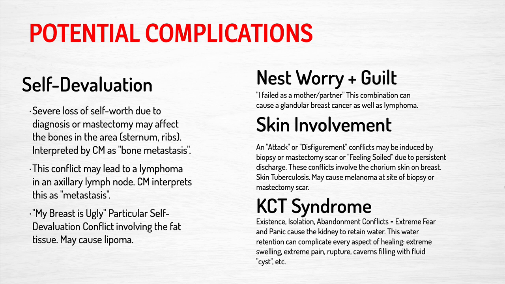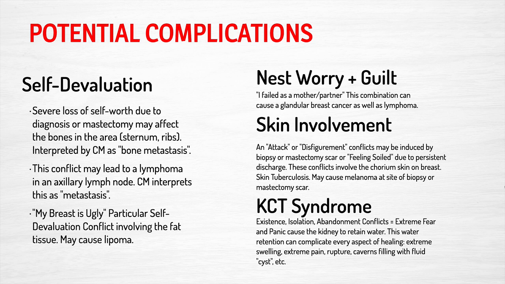So let's discuss potential complications that can go along with a glandular breast cancer. One of the major ones is a self-devaluation conflict. When a person is devaluing themselves, the body is also responding to that conflict of not feeling good about yourself, of this self-worth, self-devaluation that can come along with a diagnosis.